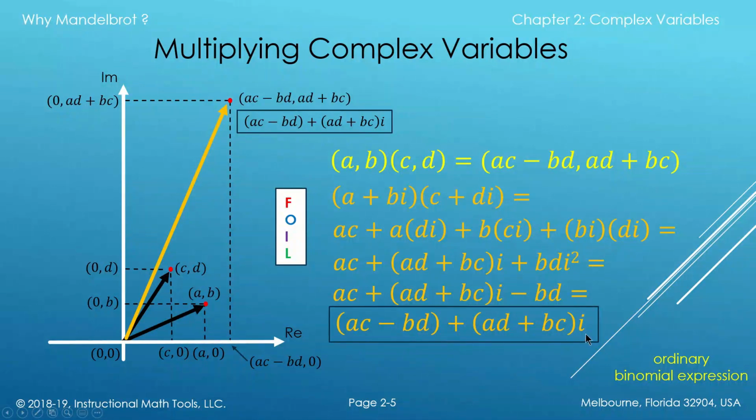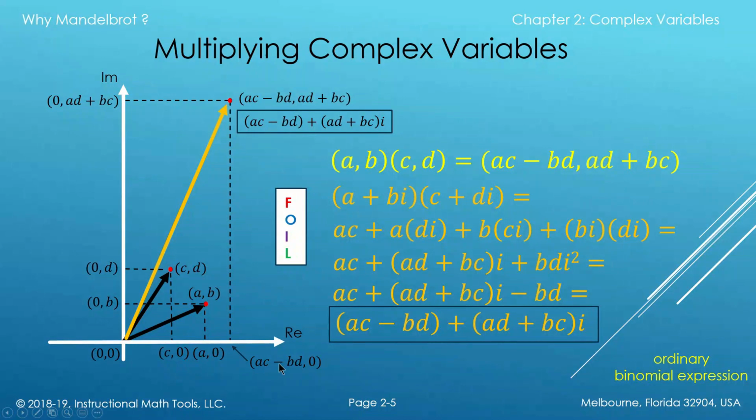What that means graphically: here you have this vector, which is the AB vector, and the CD vector. Now we're not adding them like we did before. We're doing something different. We're doing the FOIL operations on ordinary binomial expressions. What that means is that this point here is AC minus BD.